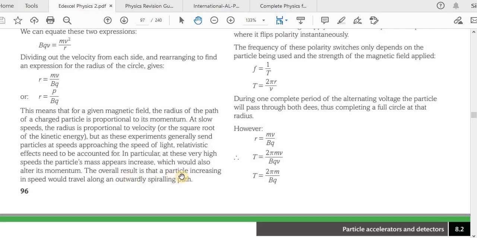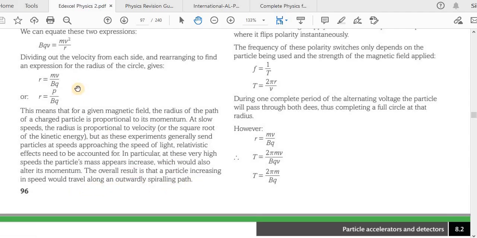The overall result is that a particle increasing in speed would travel along an outwardly spiraling path.